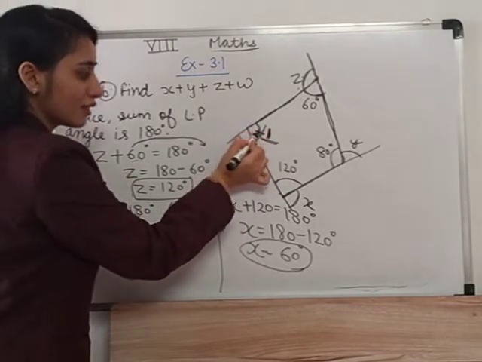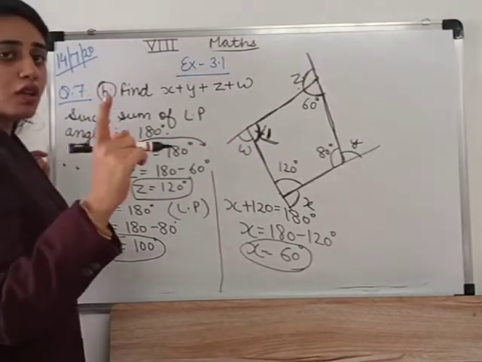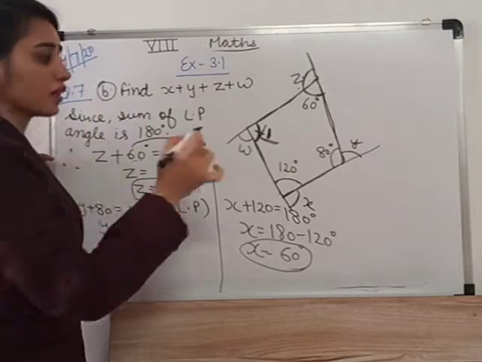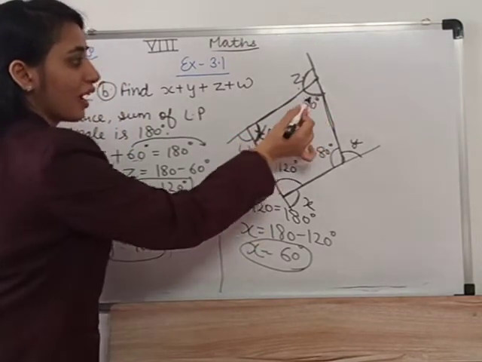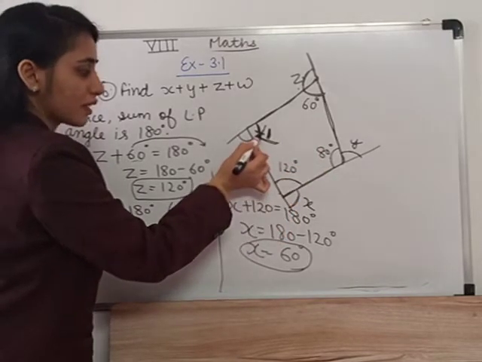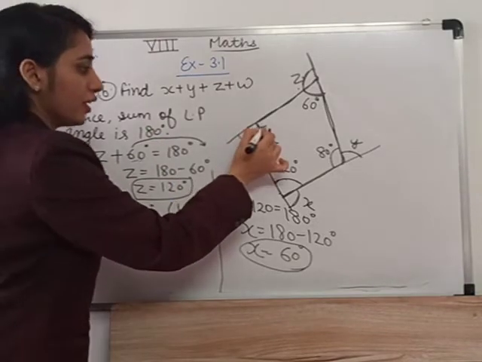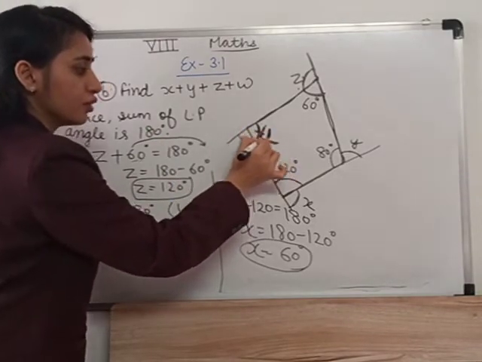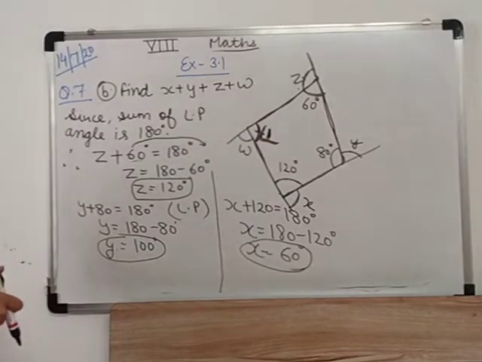This angle lies inside the quadrilateral, and we know the sum of all the angles of a quadrilateral is 360. So angle 60, angle 80, plus angle 120, plus angle 1 is equal to 360, using the angle sum property of a quadrilateral.